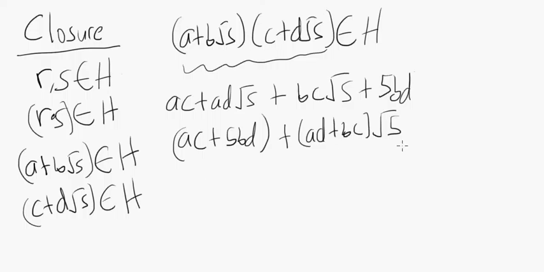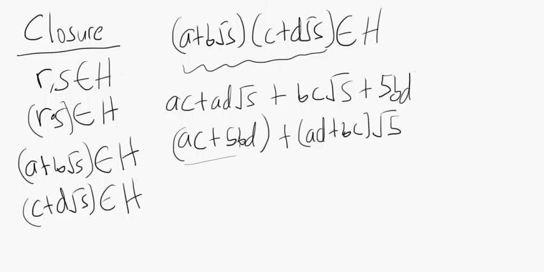Of course, if it's equal to 0, then we have a problem, because that means this is not an element of H, and so H can't be a group. But if it isn't, then for sure that would mean that this is an element of H and we would have proved that H is closed.